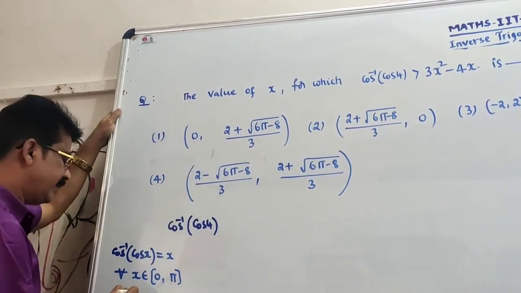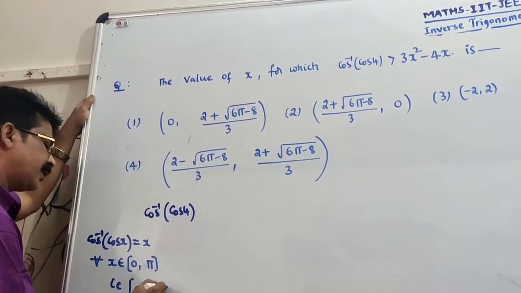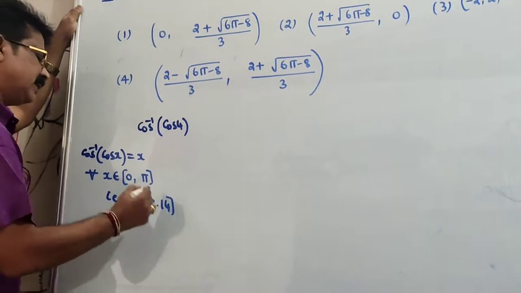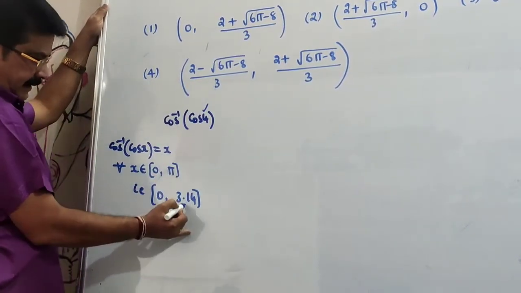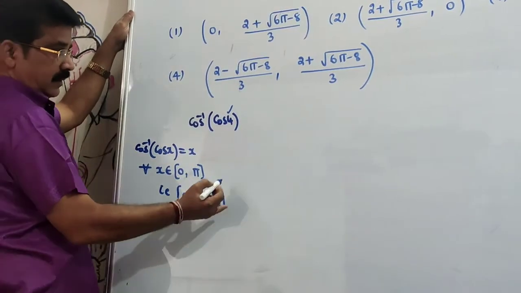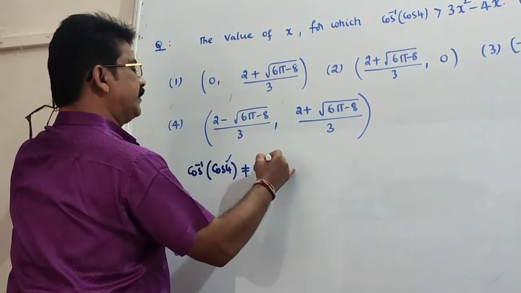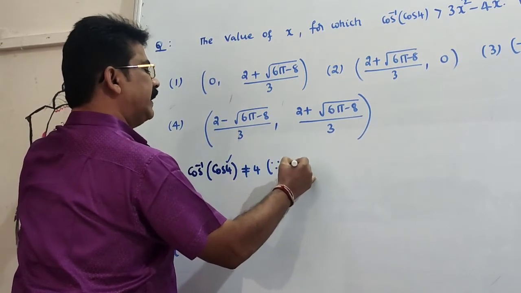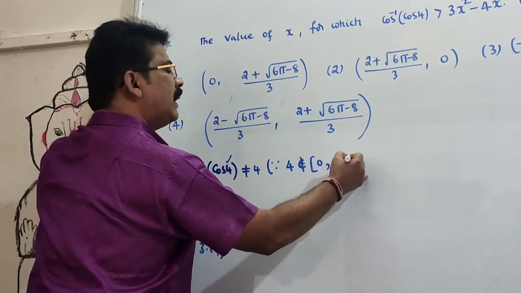Pi is approximately 3.14. But this value 4 does not belong to this interval. So it is not equal to 4, since 4 does not belong to the closed interval of 0 comma pi.